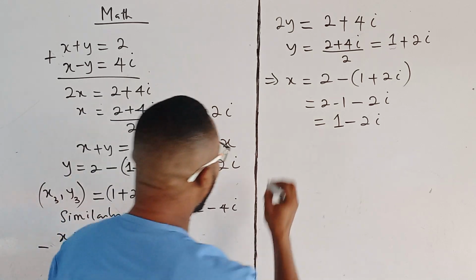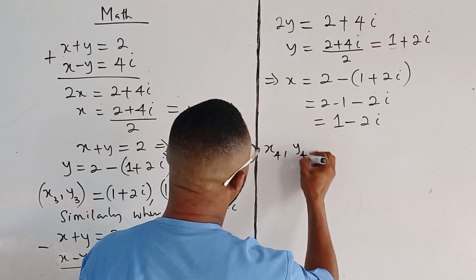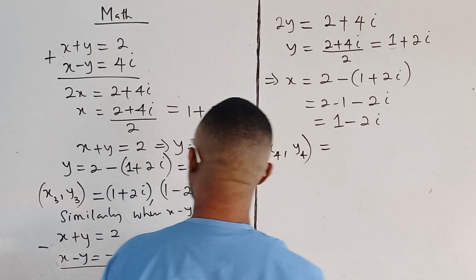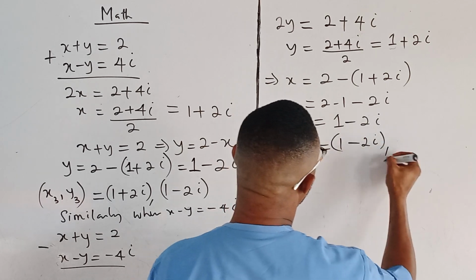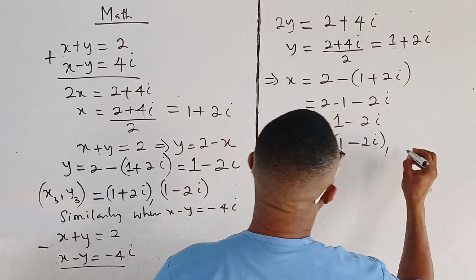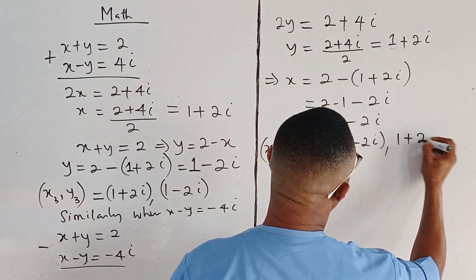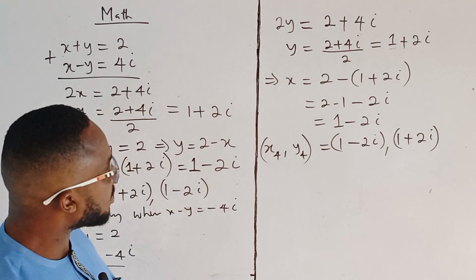So I can then write the last set of solutions, s4, y4. That would be 1 minus 2 iota, comma, 1 plus 2 iota for the value of y. So this is the last set of solutions.